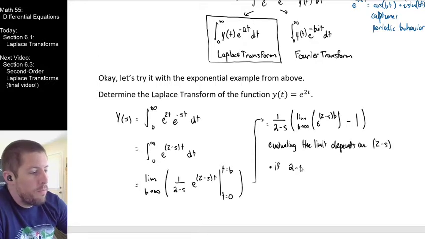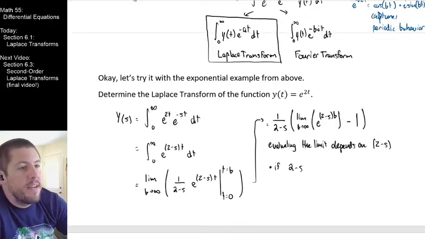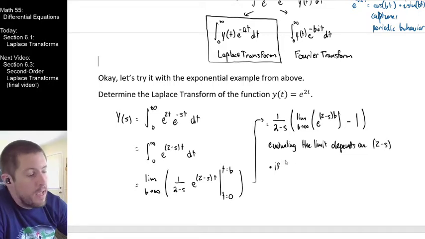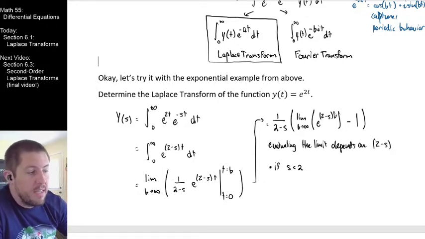I want to talk about just the size of s right here instead of 2 minus s. If we see that s is going to be less than 2, so what that means to me is that when I do 2 minus s, I'm going to get a positive number. Like, if s is 1, for example, then 2 minus 1 is 1. We're going to get just e to the b, and as b goes to infinity, this value is going to diverge off to infinity.